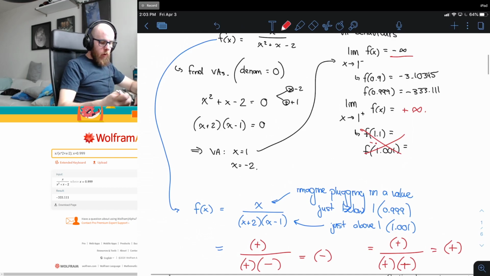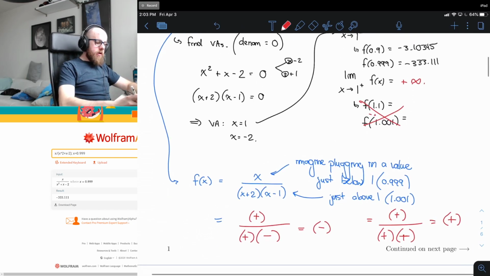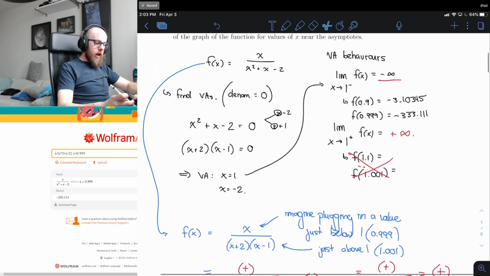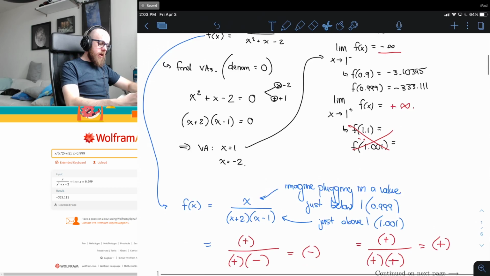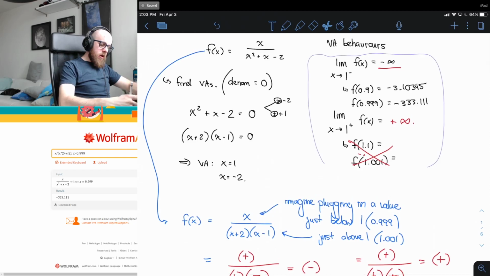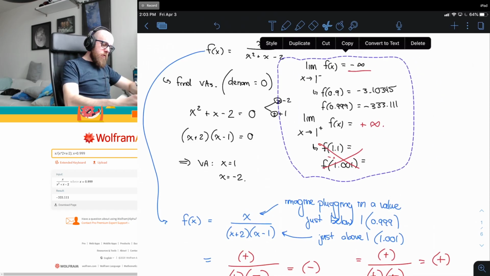So we've only dealt with x approaching 1. We also have another vertical asymptote, so let's figure out what's happening when x is approaching -2. I'll move this over a little to give myself some more room.